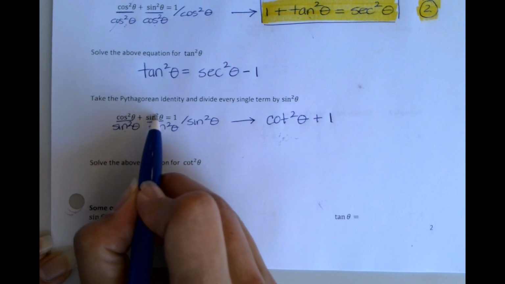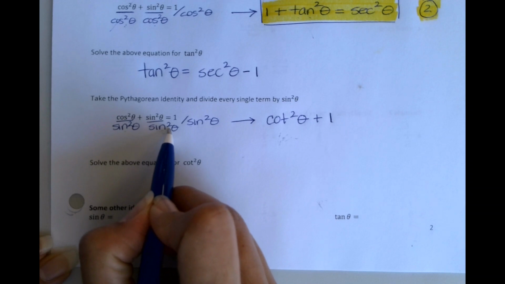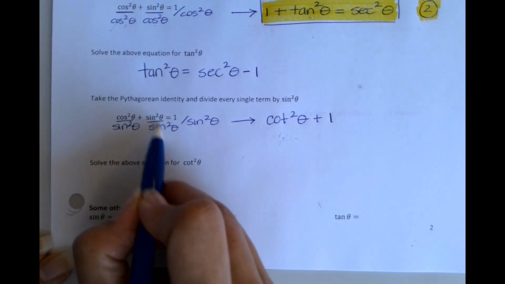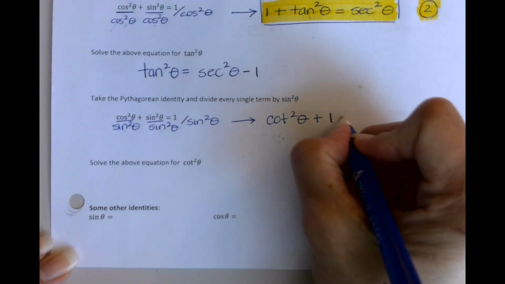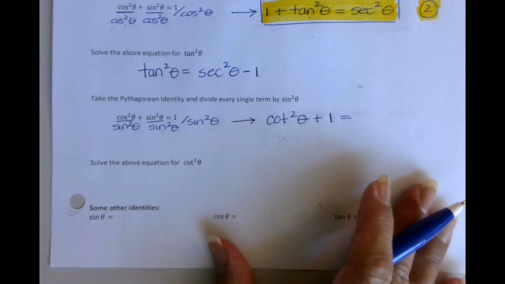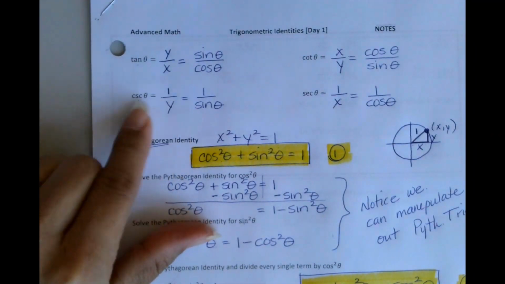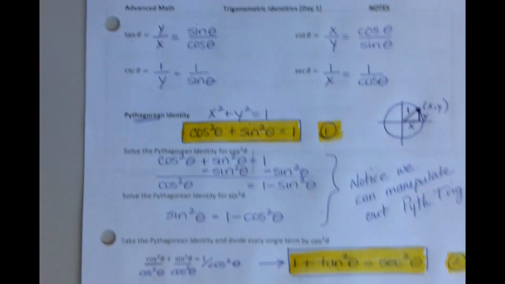Like 5 divided by 5 is 1, or 10 divided by 10, pi divided by pi, those are identical, so you get a 1. And then 1 over sine squared, again, you are still looking upstairs until you get more accustomed, gives me cosecant squared theta.